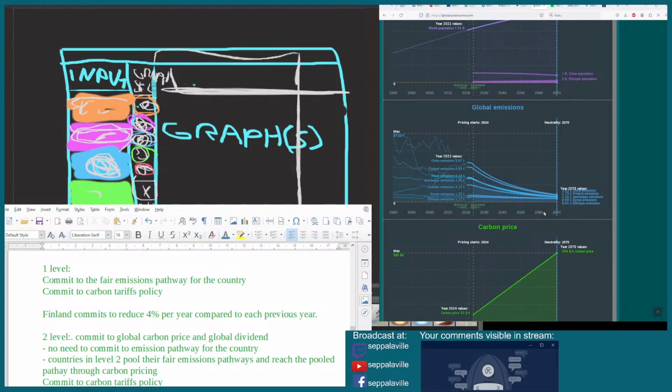What you can have is for the total global emissions, but you cannot have this.